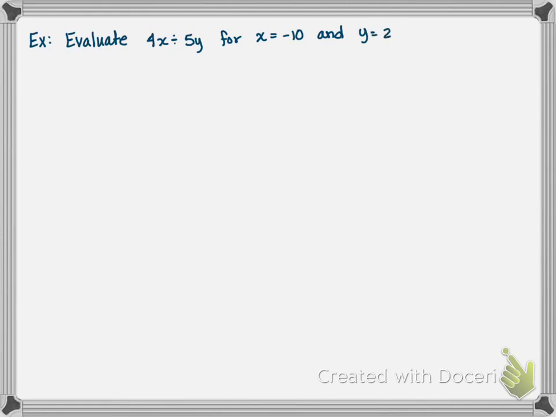So again, just like that last one, we're going to replace each of our variables with the replacement values in parentheses. So we have 4 times -10 divided by 5 times 2. Go ahead and simplify that and then put it into your calculator.